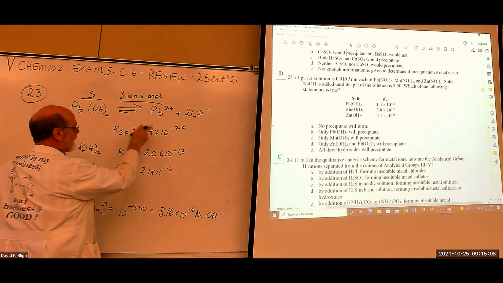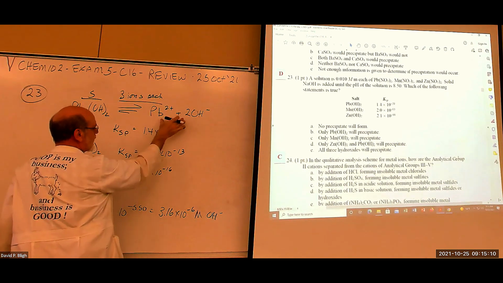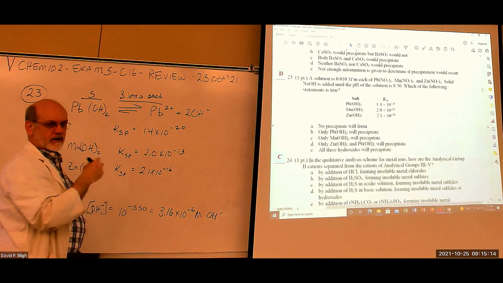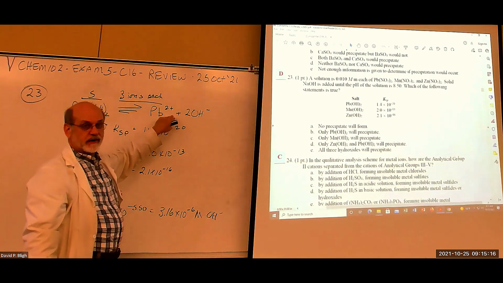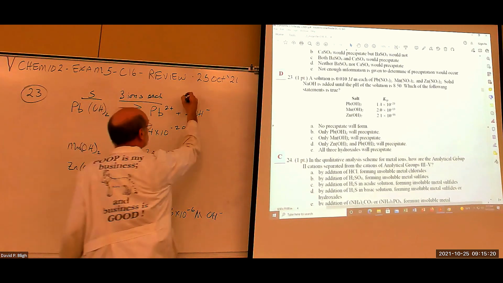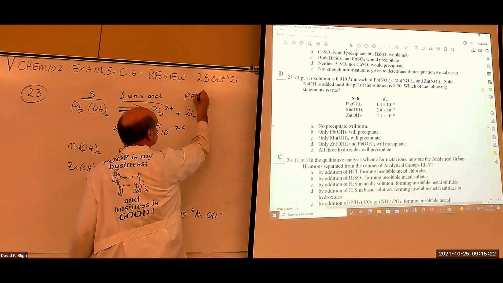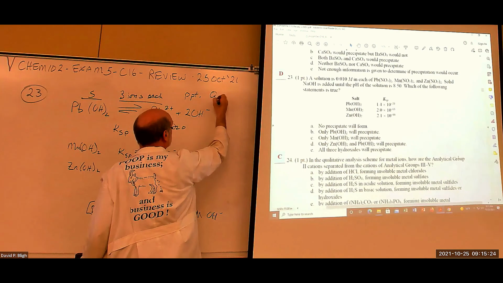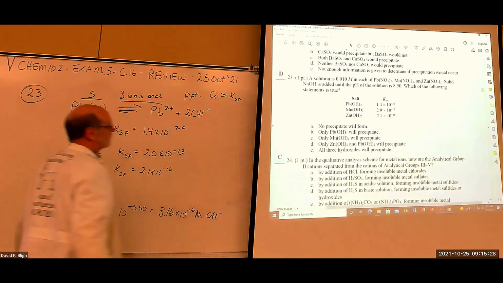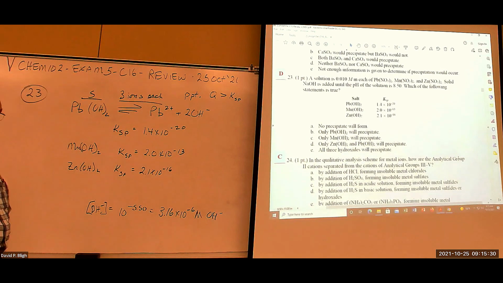If the Q value is greater than the KSP, then it's going to shift back this way, because that means you have too much product, correct? So if we're expecting precipitation, the Q has to be greater than the KSP. And that would answer the question.